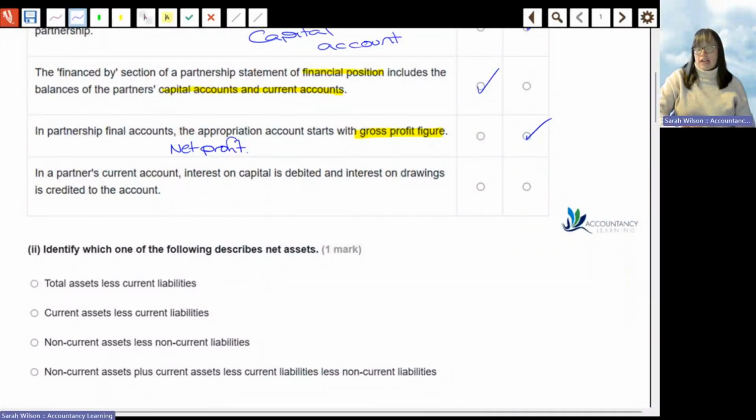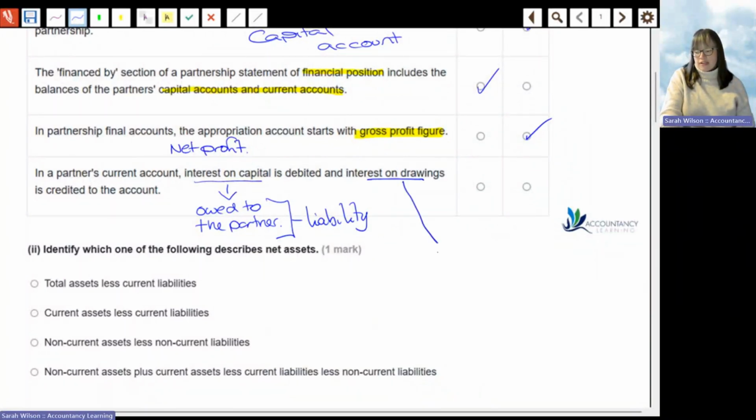In a partner's current account, interest on capital is debited and interest on drawings is credited to the account. So when we're looking at this one, we need to think about what that interest means for the business. Interest on capital is owed to the partner, so this is a liability to the business.